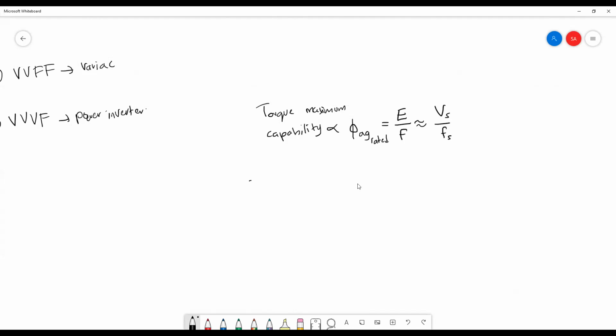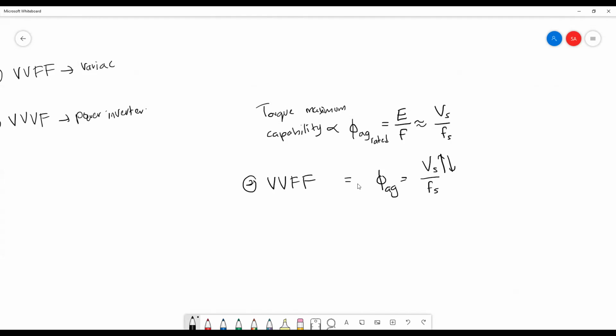So if you go to the second method, where you have a variable voltage but fixed frequency, if you look at the equation that relates the flux with the voltage and frequency, if you change the voltage while the frequency is fixed, the air gap flux will change.